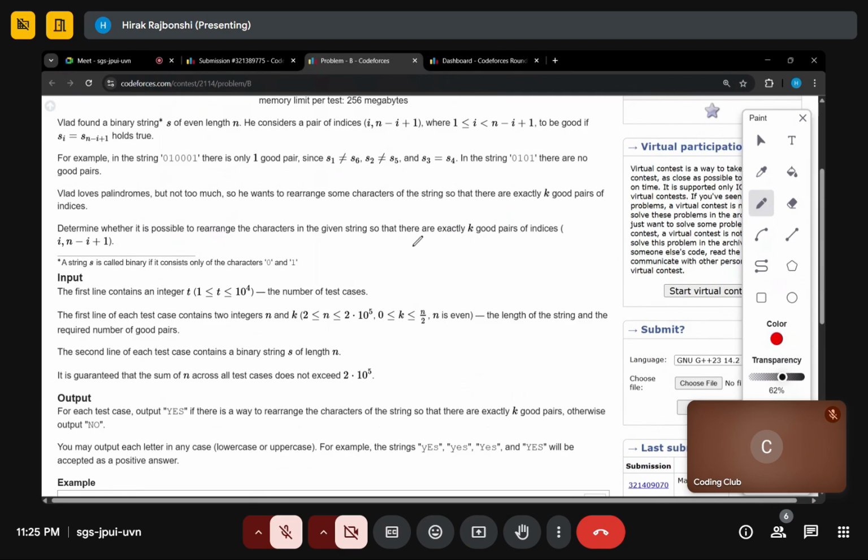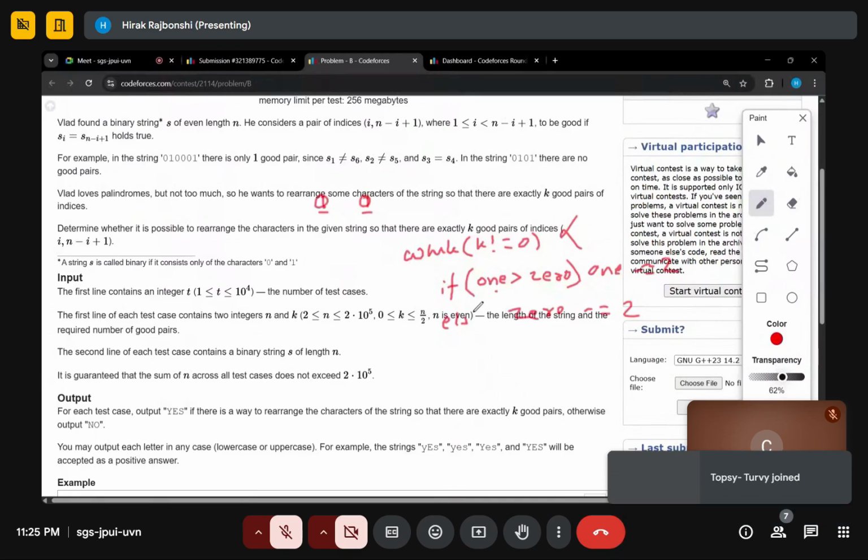You can use 0, but it will be better for us to use 1. I will tell you later why. So we will use two ones to make a pair, so the number of ones will decrease by 2, else the number of zeros will decrease by 2. We will use 0. And for every case one pair is done, right? So the value of k will decrease by 1.